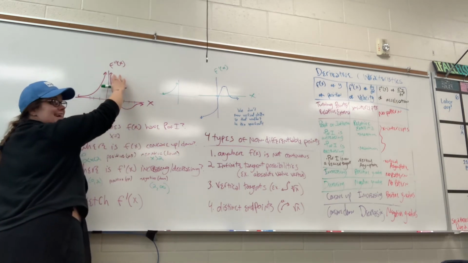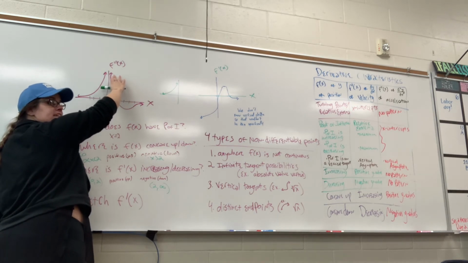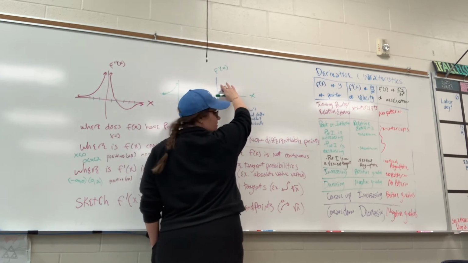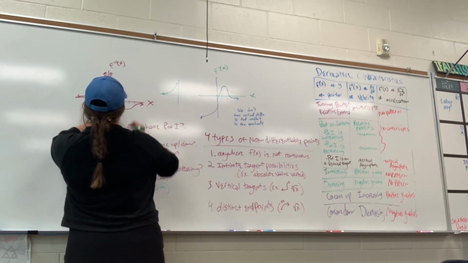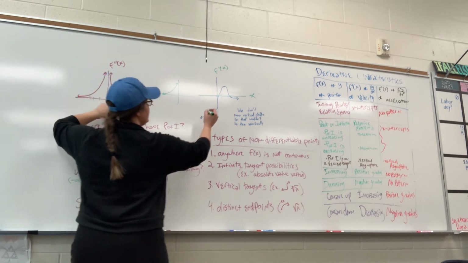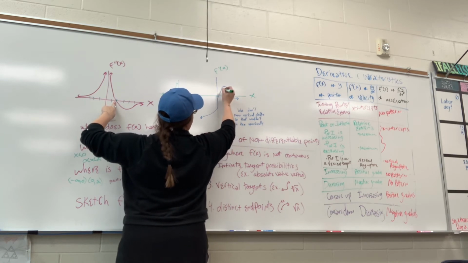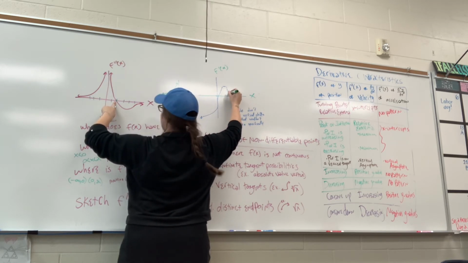So this is positive decreasing, right? Positive decreasing means increasing concave down, right? That right here, okay, there had to be a point of inflection, so that must be concave down. I'm trying to figure out where. I think that one's actually right here.